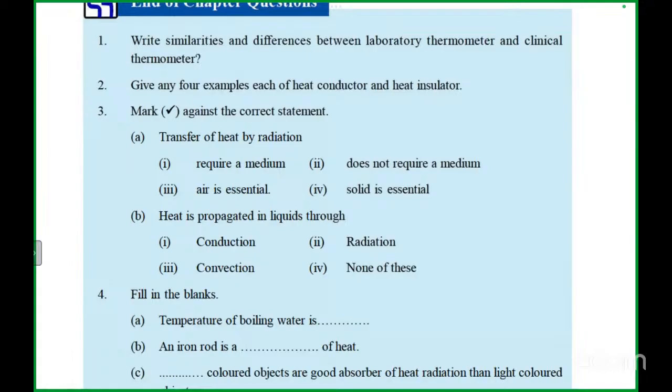Iron, metals, basically. Metals are conductors of heat.